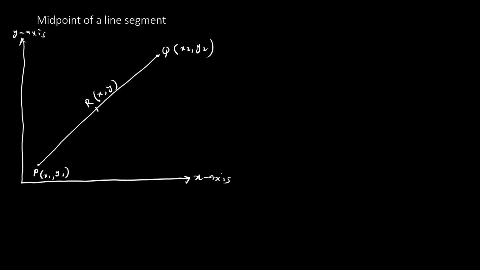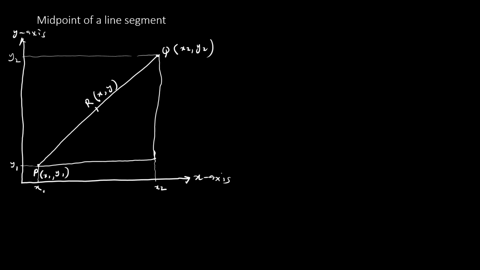Let's try to complete this by drawing out a right angle triangle. So we should understand that this point is x2 and this point is x1. This particular point is y1 and this point over here is y2.